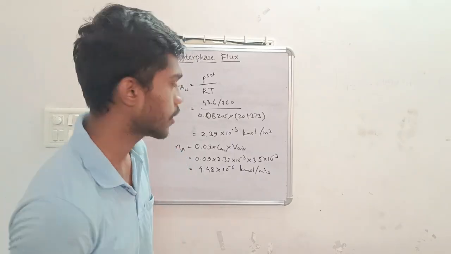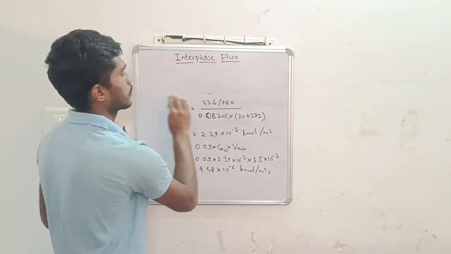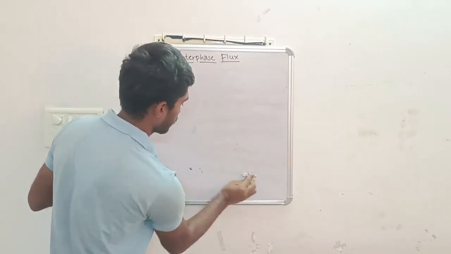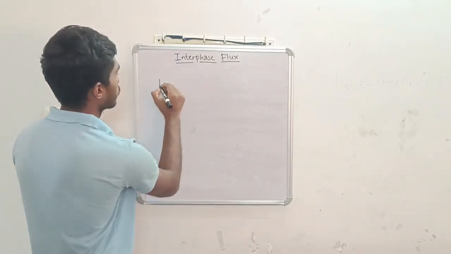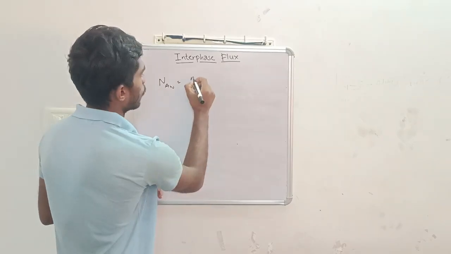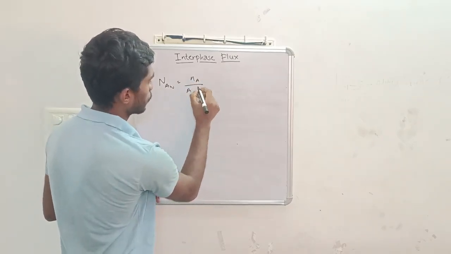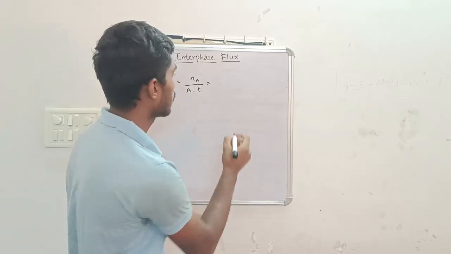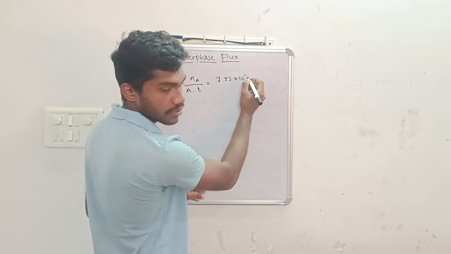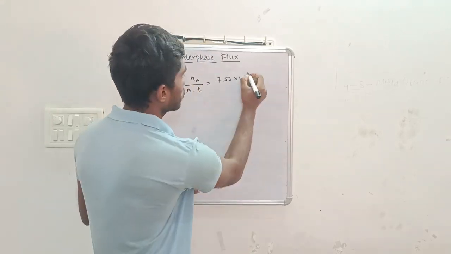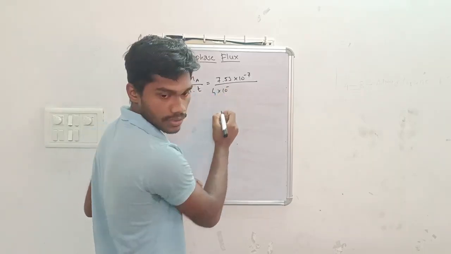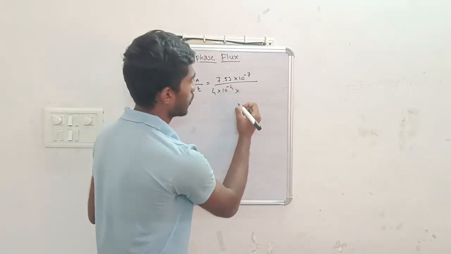Now we will calculate the molar flux. The molar flux will be equal to moles evaporated per unit area per unit time, that is equal to 7.53 into 10 power minus 7 divided by area, that is 4 into 10 power minus 4, into time.